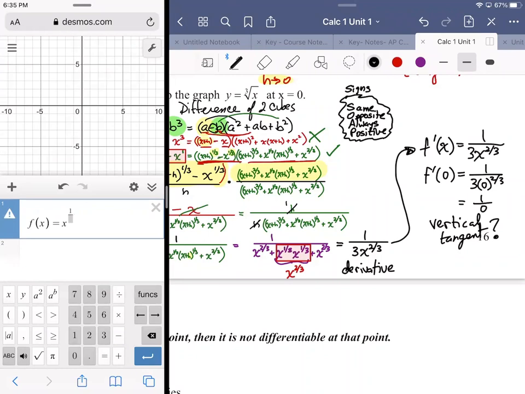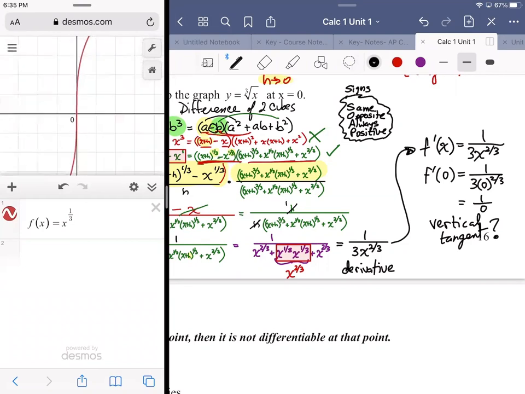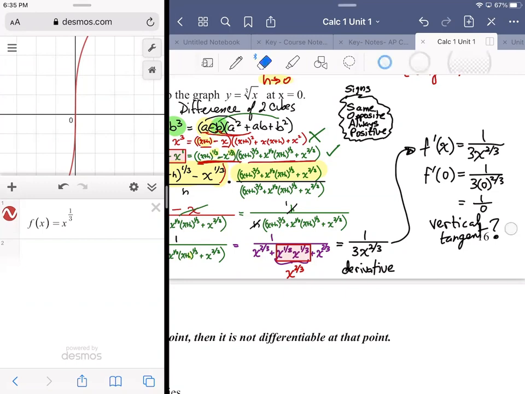And then just essentially see what's happening around 0. If I zoom in a lot, it does look like it's going vertical. All right. And so what's happening here is I could take that question mark away. In this context, that undefined is talking about a vertical tangent.